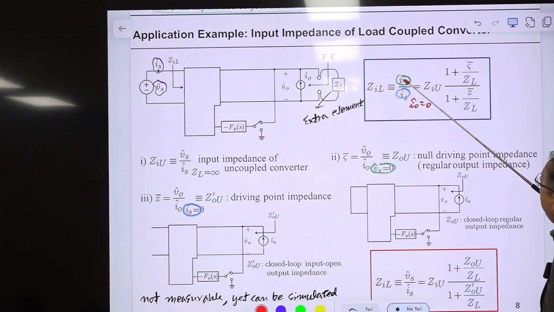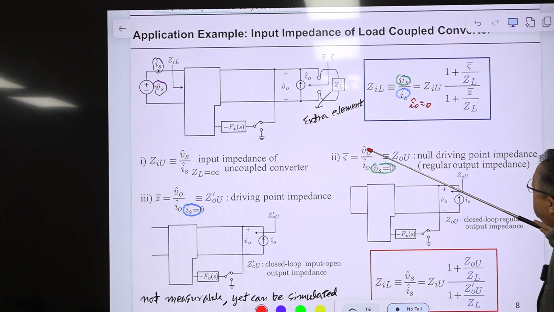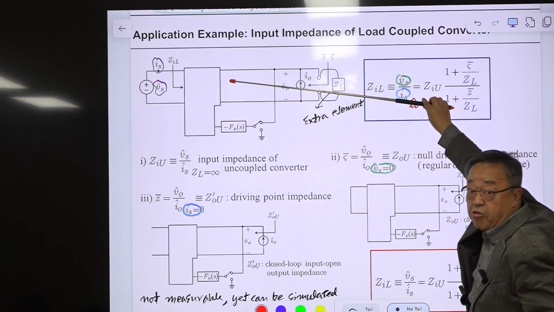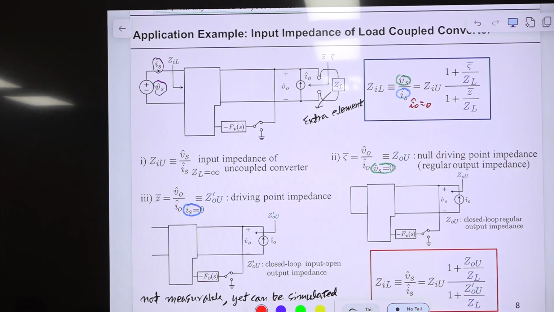The output is 0, so VS is 0. Then this is the regular output impedance of the uncoupled converter. It is a null driving point impedance, but for this particular case, this is the regular output impedance of the uncoupled converter. Then the driving point impedance is this one.